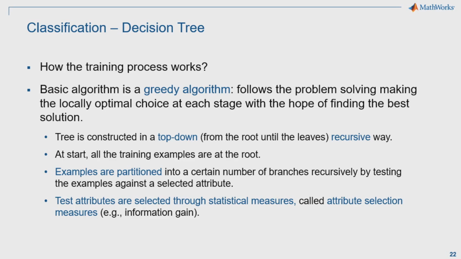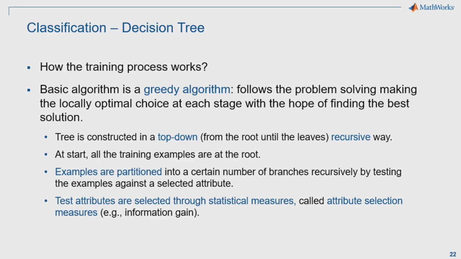So we start with all our training examples in the root of the tree, which is the unique node at the beginning, and then we start to split in order to partition our data, in order to find what are also called pure partitions, so partitions in which we try to find only points belonging to unique classes.